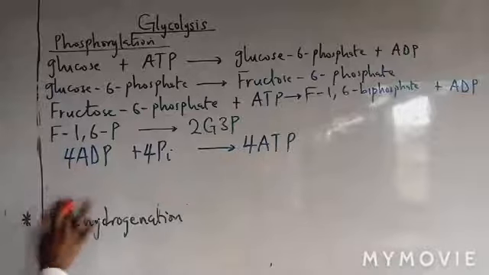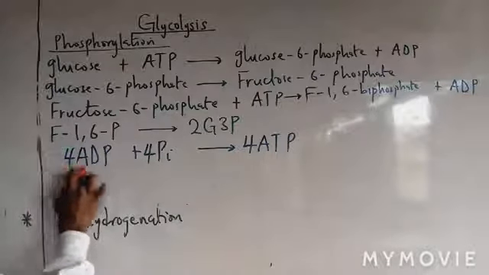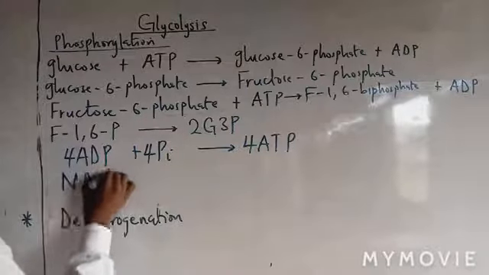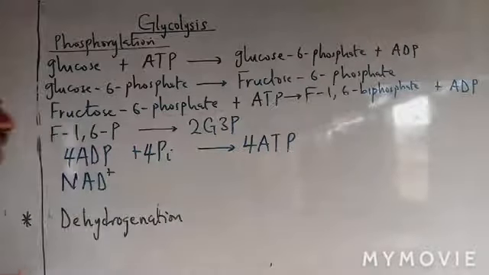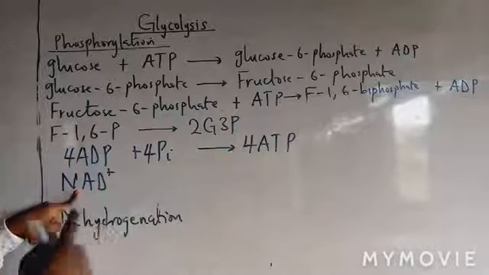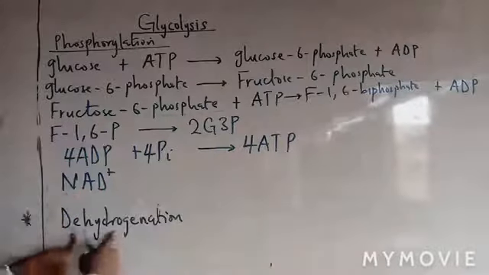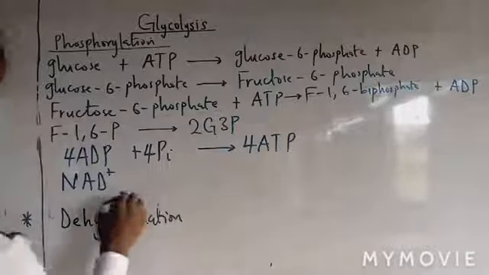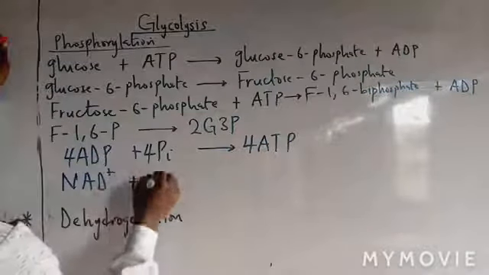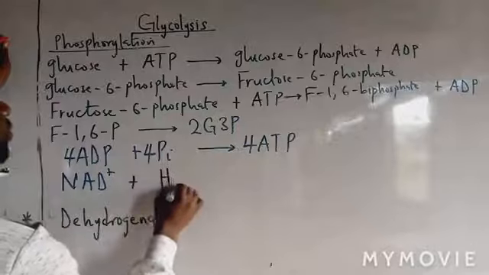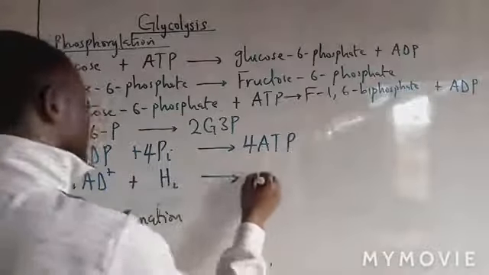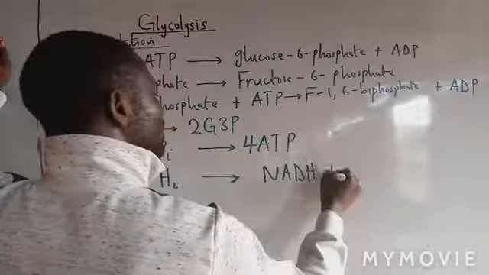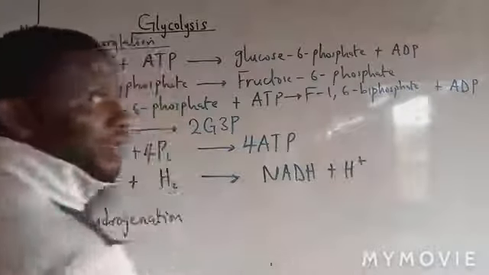Now, there is an electron carrier called NAD ion. When NAD ion takes up hydrogen, we call it dehydrogenation. So this will be plus H2 to give NADH plus hydrogen ion.